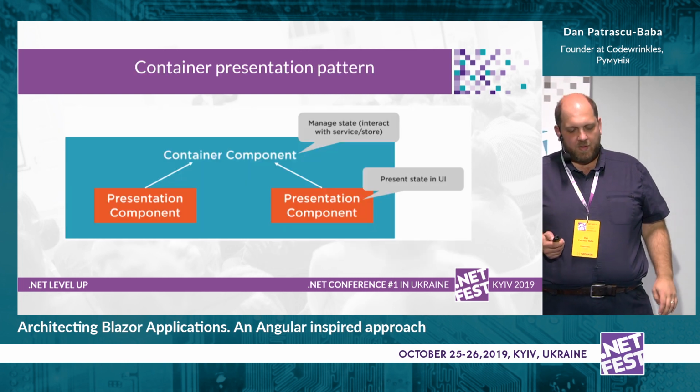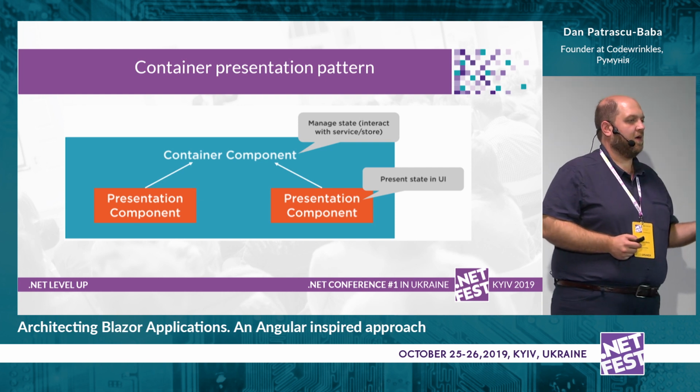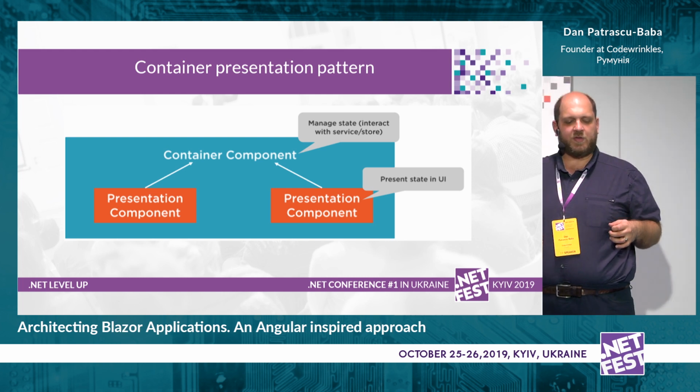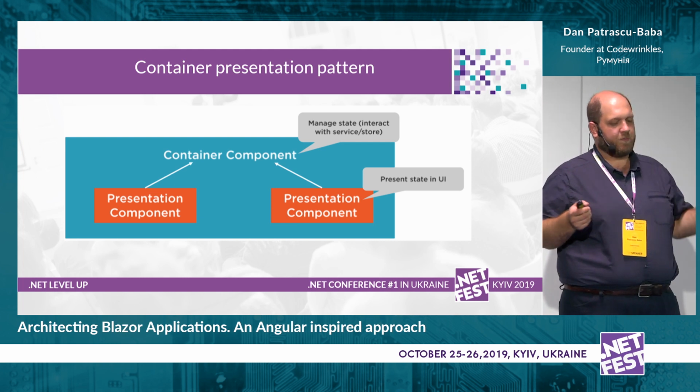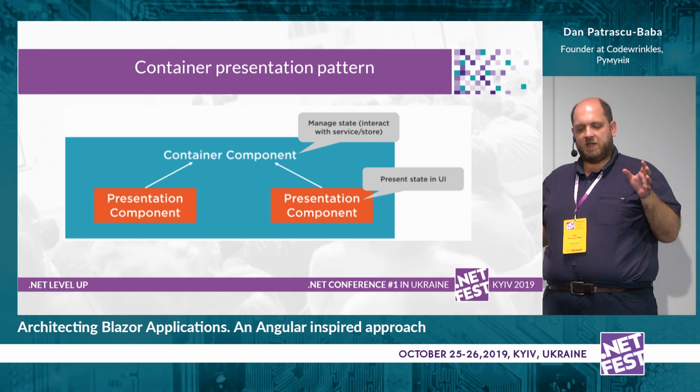But here I also recall a very, very nice pattern from the Angular style guide that we could use, which is generally called the container presentation pattern. This is a really useful pattern when we have parent components and child components. What is the main idea?